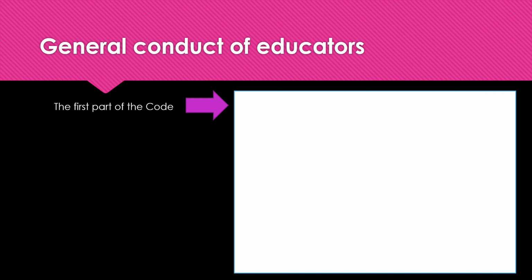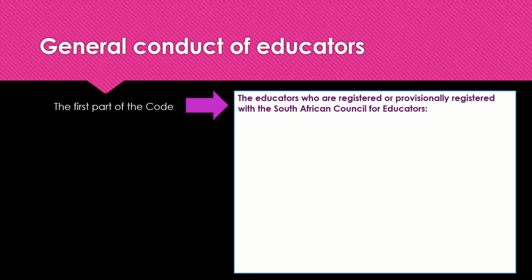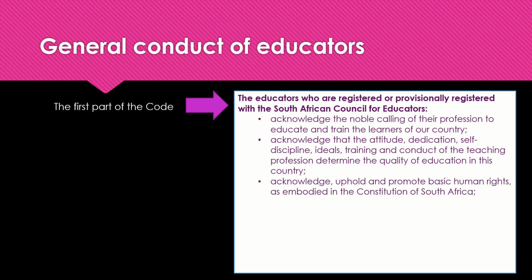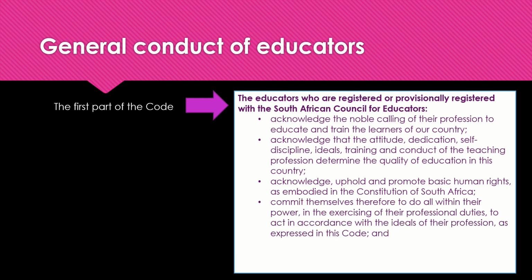It says that educators who are registered or provisionally registered with the South African Council for Educators acknowledge the noble calling of their profession to educate and train the learners of our country, acknowledge that the attitude, dedication, self-discipline, ideals, training and conduct of the teaching profession determine the quality of education in this country, acknowledge, uphold and promote basic human rights as embodied in the Constitution of South Africa, commit themselves, therefore, to do all within their power in the exercising of their professional duties to act in accordance with the ideals of their profession as expressed in this code.